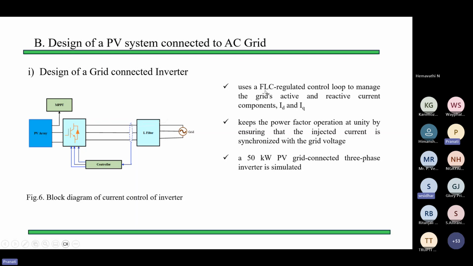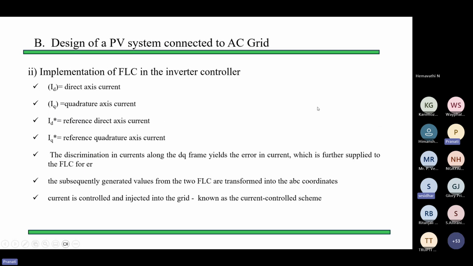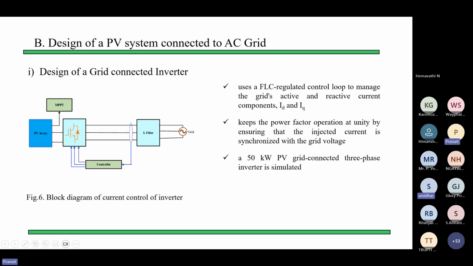Now it uses a fuzzy logic regulated control loop to manage the grid active and reactive current components ID and IQ. By controlling these active and reactive current components, we can control the active and reactive power also. Generally, if we want to achieve unity power factor, our Q-axis component is set to 0.